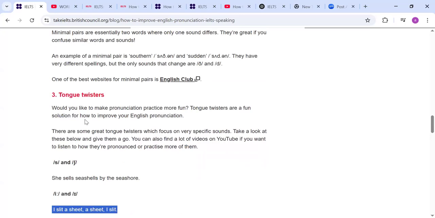So there are many tongue twisters. Let me find the one link where there are many examples. If I find it, I will share it with you. Give me a moment.